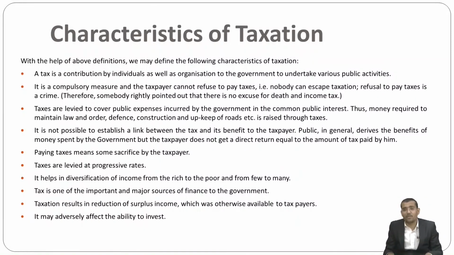Next, my dear friends, taxation results in reduction of surplus of income which was otherwise available to the taxpayers, and it may adversely affect the ability to invest, and that's why the different concept of tax planning is involved in taxation.